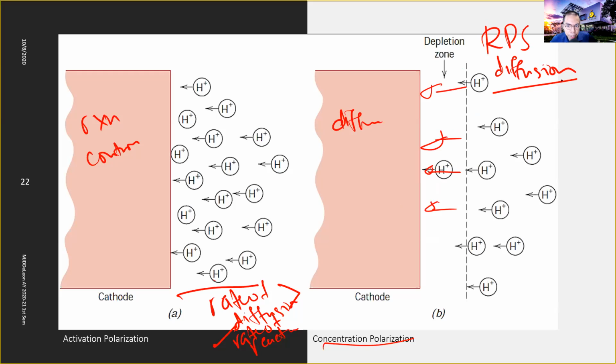So concentration polarization happens when the reaction rate is too fast or your diffusion is very slow.